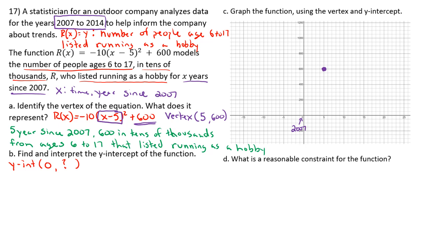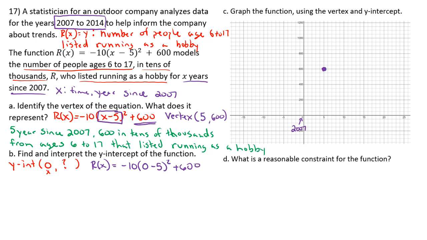Once again, r of x means y. So if we know the x has to be 0 to be a y-intercept, we're just going to plug 0 into our equation. So we have r of x equals -10(0 - 5)^2 + 600.